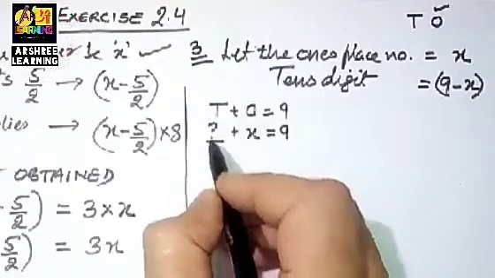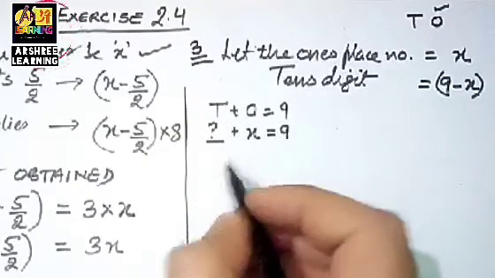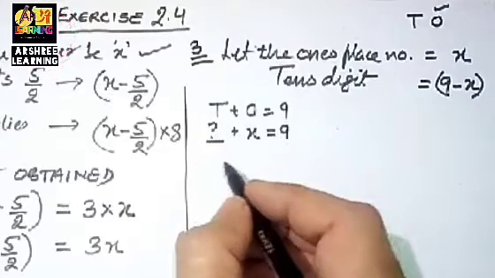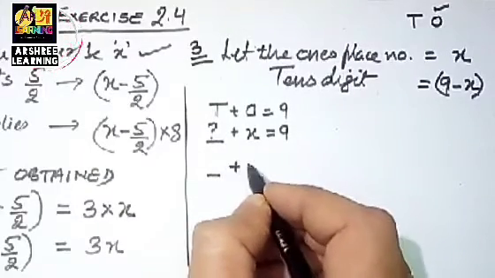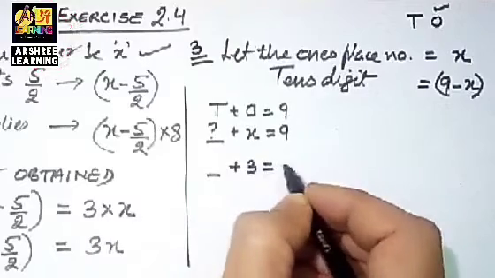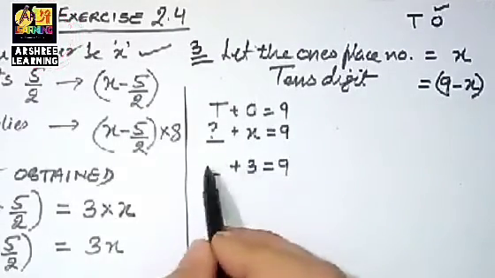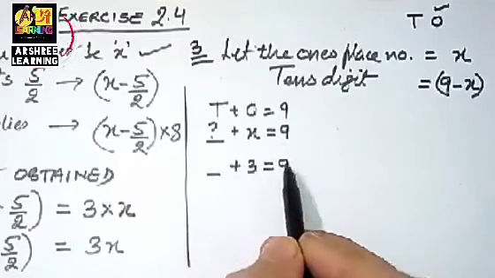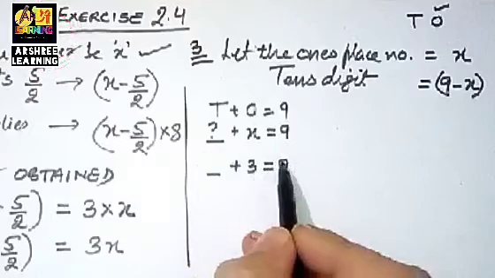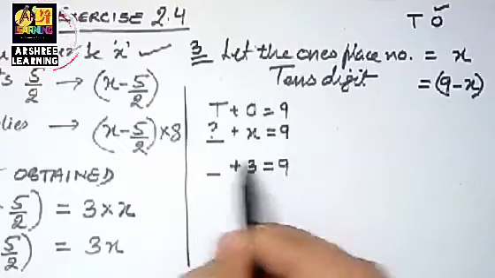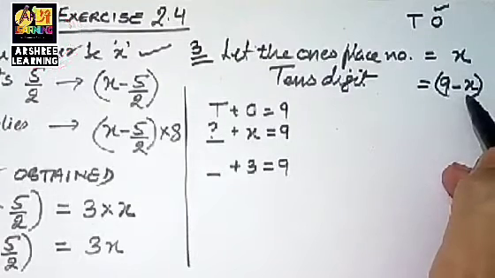If I take an example, this number is not given, this number is given 3, and the sum is equal to 9. There are two numbers, tens place and ones place, and if I add them, the total is 9. Then how will you get this number? It will come 9 minus 3. In the same way it will become 9 minus x.